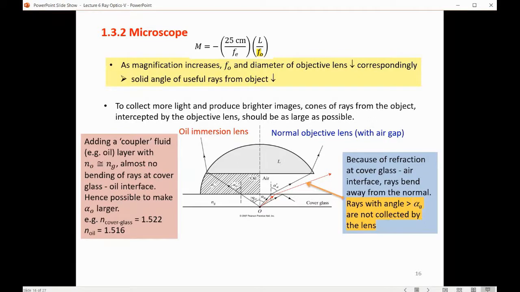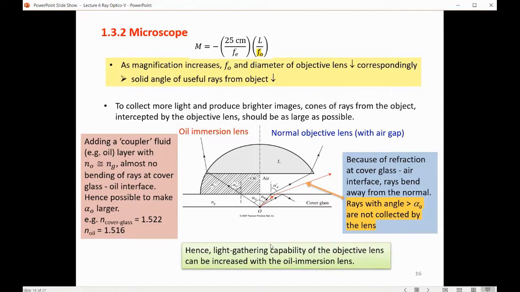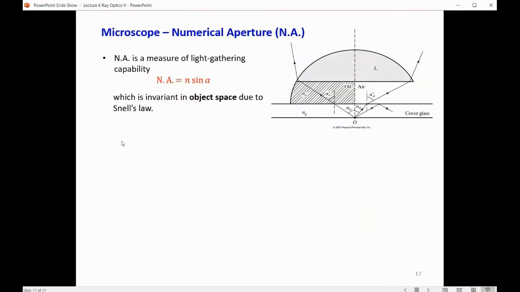And then we would maximize the cone of rays that can be collected by the objective lens. In other words, we can then make this angular aperture as large as possible. Hence, the light gathering capability of the objective lens is increased with this oil immersion lens. Next, we would like to define the numerical aperture of the microscope.